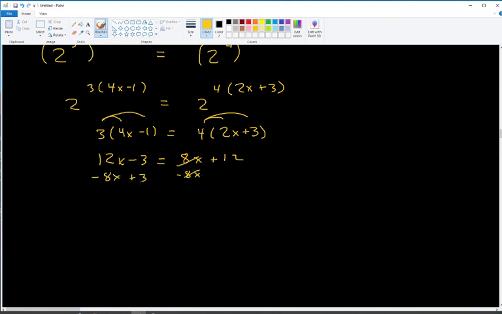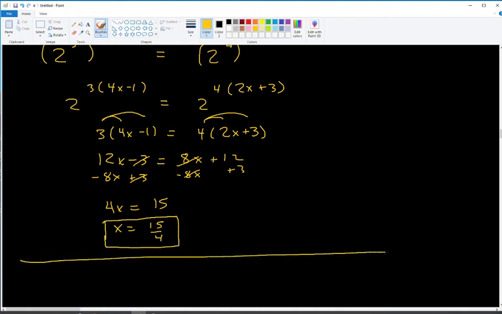And we're going to add the 3 across. So let's see here. 12x's, take away 8x's. 12 minus 8x is 4x's. And that equals 12 plus 3 is 15. So divide the 4 across. And x is 15 fourths for that one.